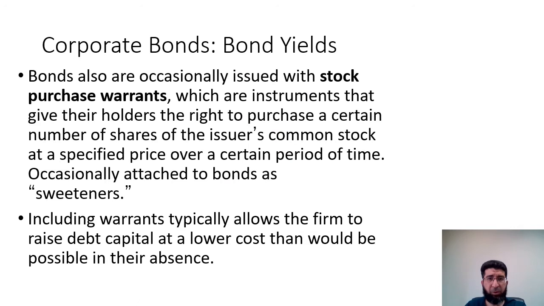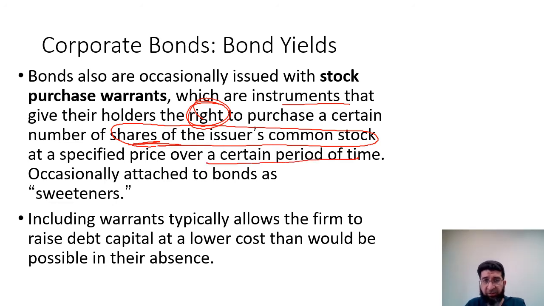Next, look at the stock purchase warrants. Now these are instruments that give their holders the right to purchase a certain number of shares of the issuer's common stock at a certain price over a certain period of time. These are called sweeteners.